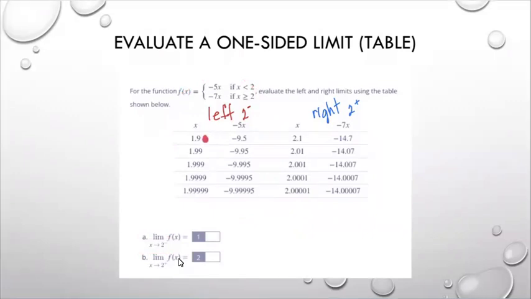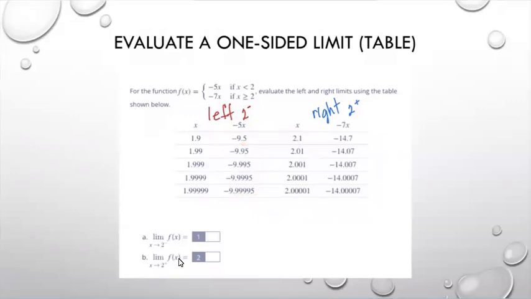So when x equals 1.9, the y is negative 9.5. Then it goes to negative 9.95. Then it goes to negative 9.995. Can you make an observation in here about what's happening with the decimal? And what value are we approaching on the y-axis?